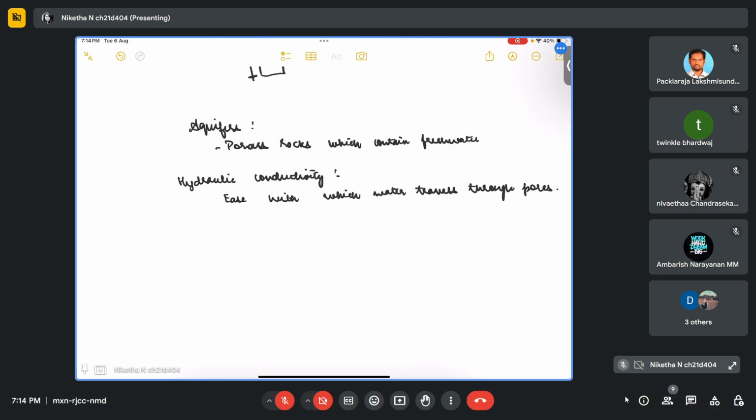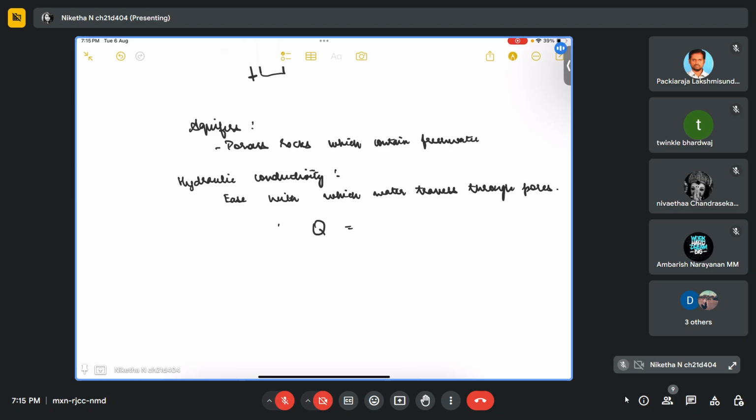Now the flow of groundwater is governed by Darcy's law. So can you tell me what is the formula for Darcy's equation?